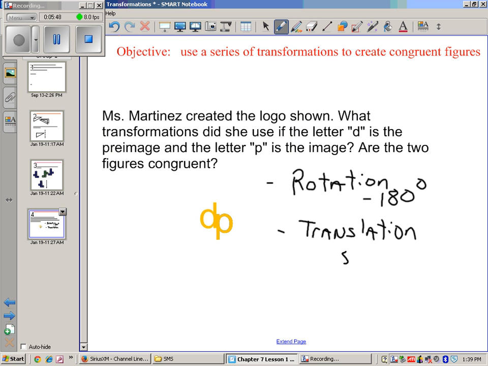We slid it up to go over top of there. So this is how we use transformations to find out if figures are congruent or not. Again, any questions, please bring those on to class. And this concludes lesson 1.